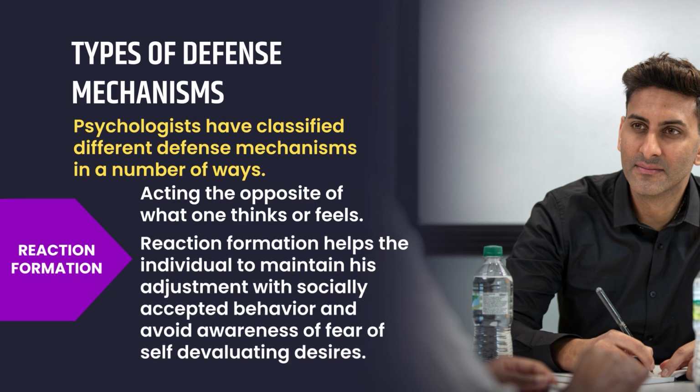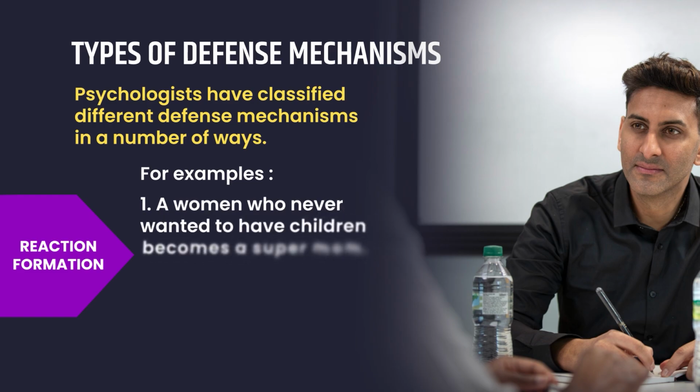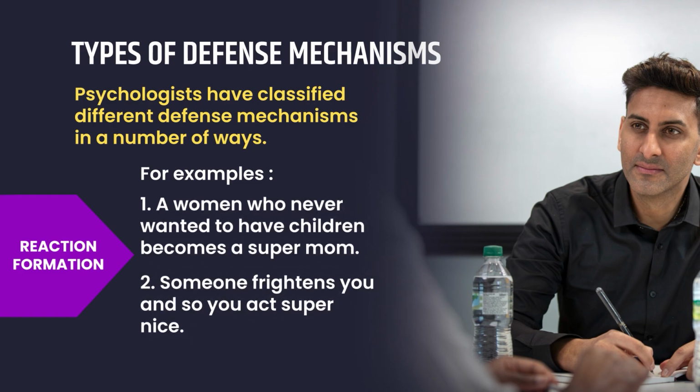We can say reaction formation helps the individual to maintain his adjustment with socially acceptable behavior and avoid awareness of fear of self-devaluating desires. For example, a woman who never wanted to have children becomes a supermom.